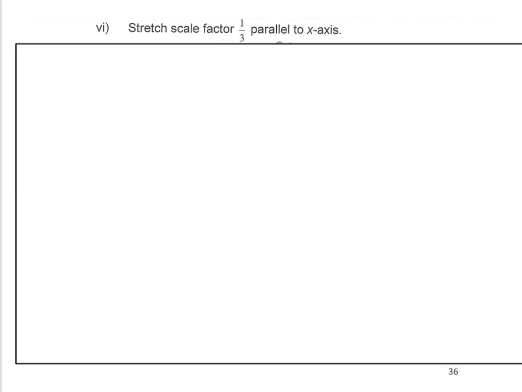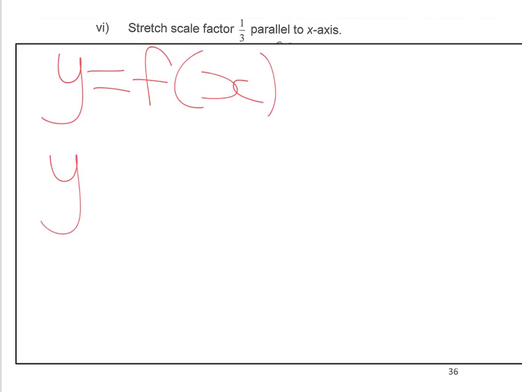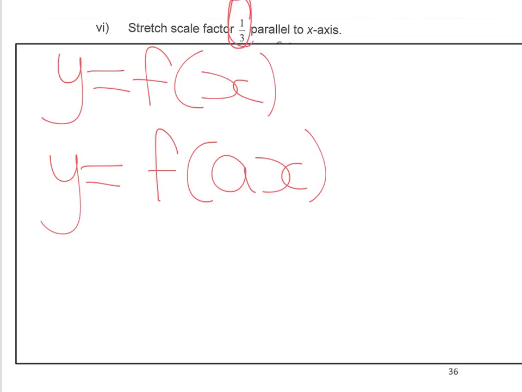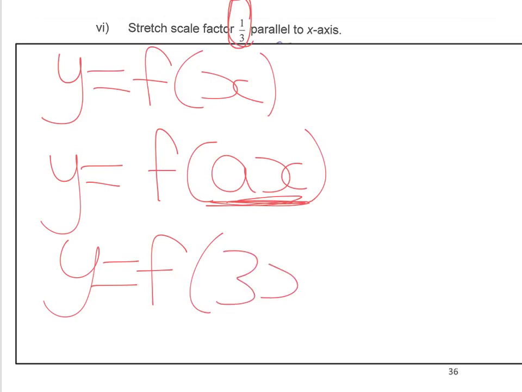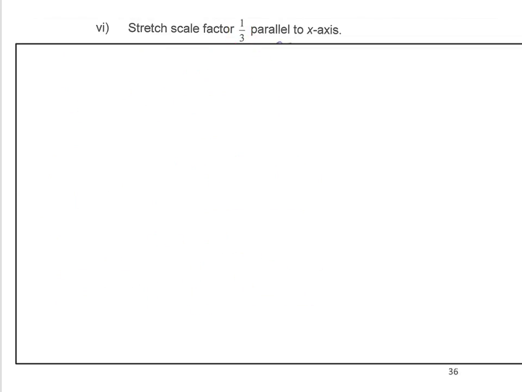If we have our general function f of x and we want to do a stretch parallel to the x-axis, then normally it would be y equals f of a x, where a is the reciprocal of the scale factor. Because our scale factor is a third, we want to multiply the x's by the reciprocal, which is 3. So in general terms, it would be y equals f of 3x.